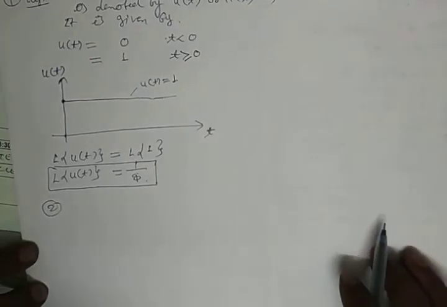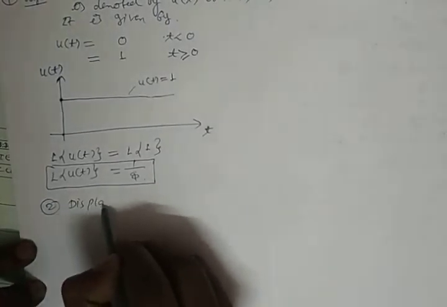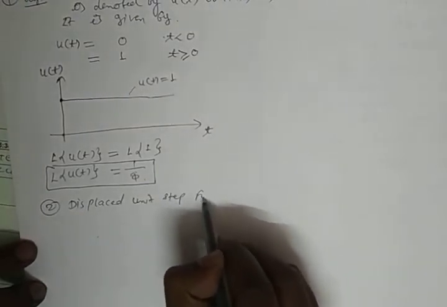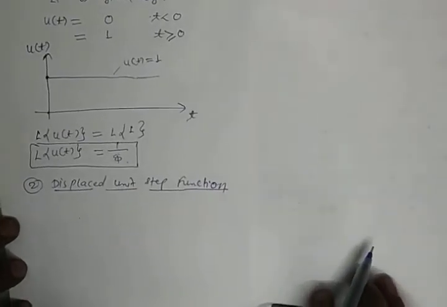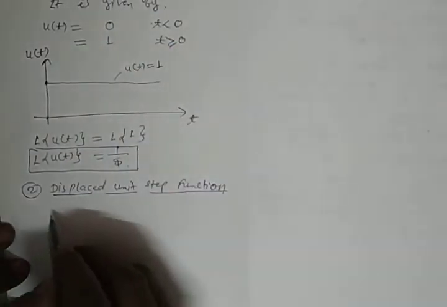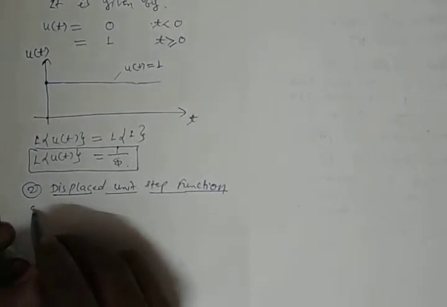Okay, so this is the first point that we have got here. Now the next point: what is meant by the displaced unit step function? Displaced unit step function. So what is this? Look at this. Definition.